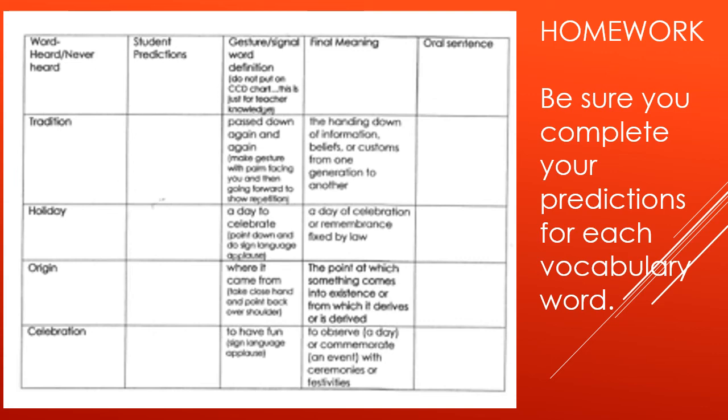Origin. Look at your prediction again. Where it comes from. So the final meaning of origin is the point at which something comes into existence or from which it derives. So origin is where a holiday tradition originates, where it came from.